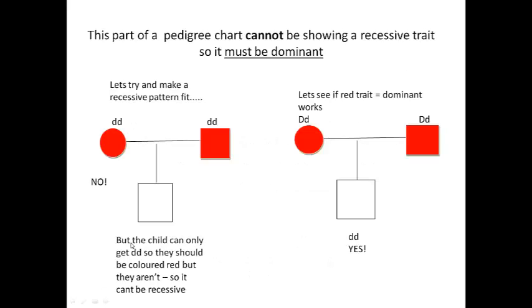This part of a pedigree chart cannot be showing a recessive trait, so it must be dominant. On the left-hand side, try and make it recessive. The disease sufferers are coloured in red, and if we want this to be recessive, we give them the recessive genotype, little d, little d.